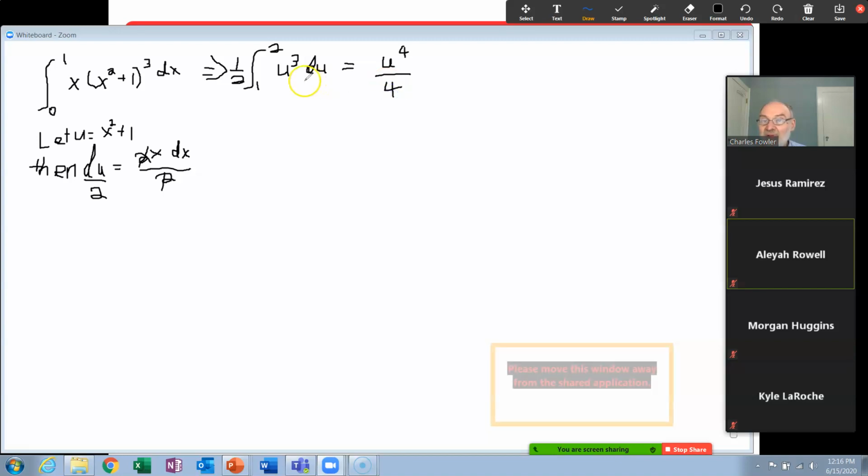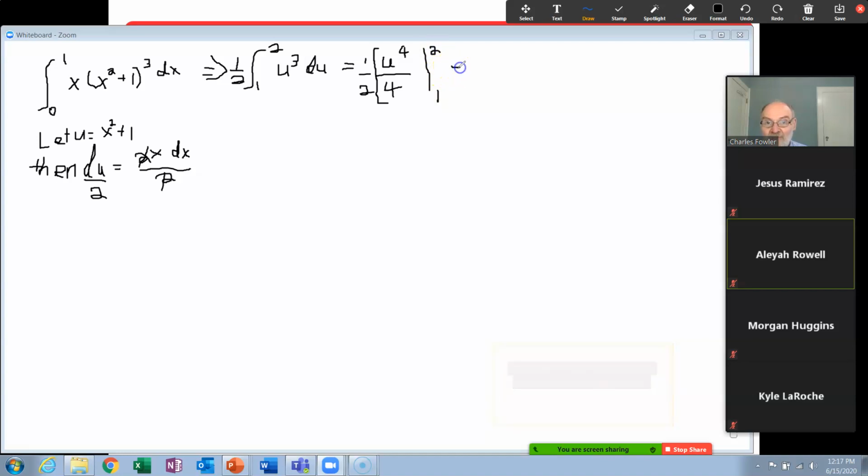But this one is evaluated at u, so you plug in the values of u. Oh, I'm sorry. I forgot my 1/2 out front. 1/2 times this. So let me put this in a bracket here. But over here I don't write a bracket. I put a vertical line and go from 1 to 2.